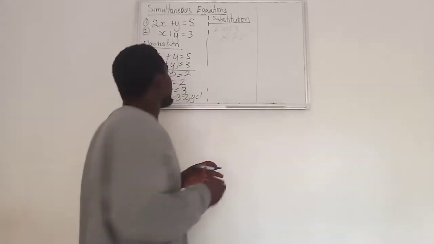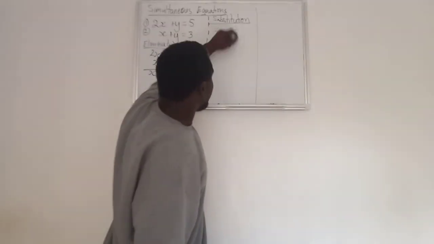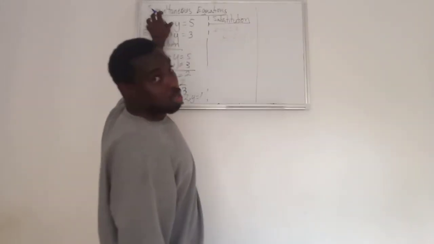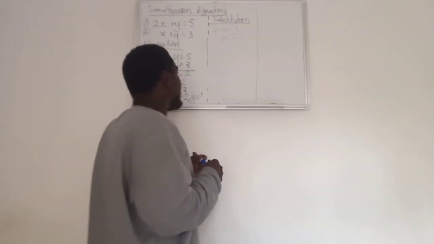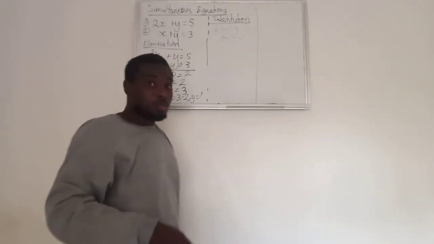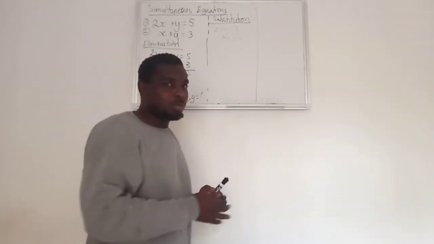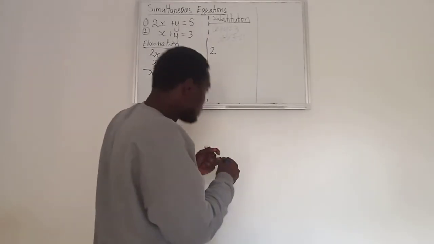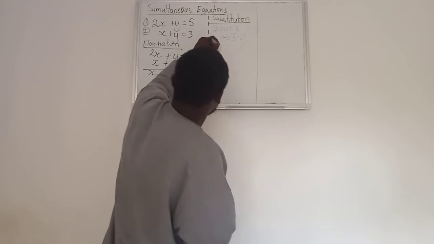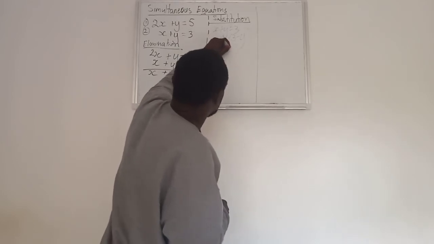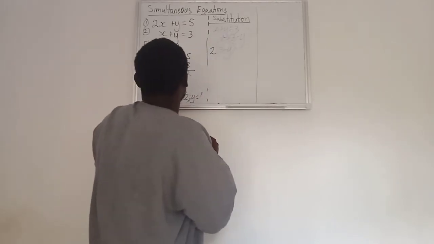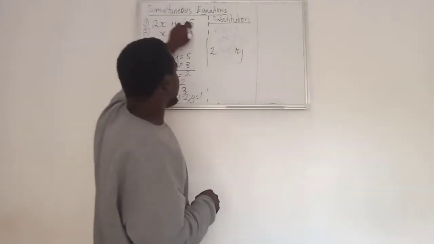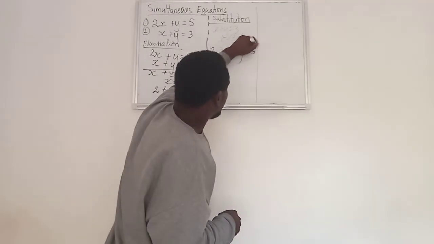And then we take this entire equation and substitute it for x into equation number 1. We cannot do it into this same equation. And one of these days I'll explain why that is. So what we have now is 2, and then open our bracket, 3 minus y, close bracket right there, plus y, that is this section, equals 5.